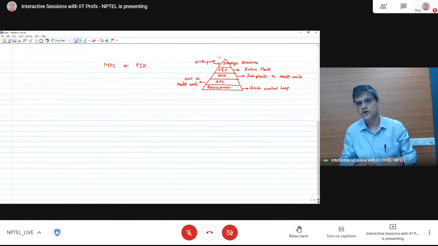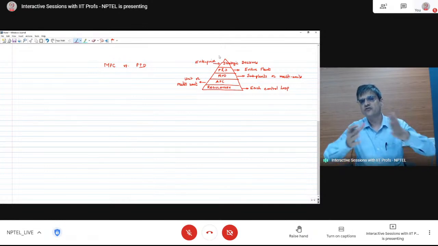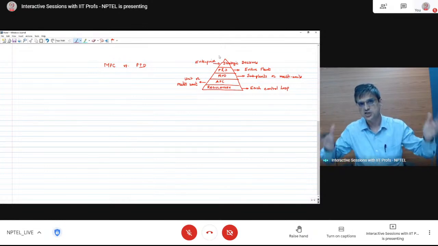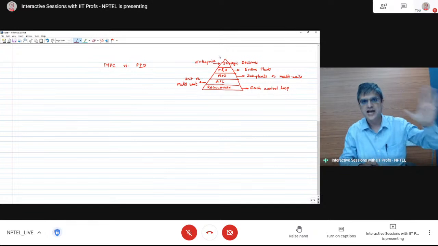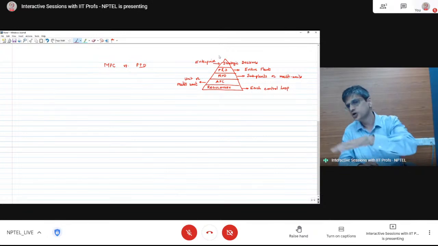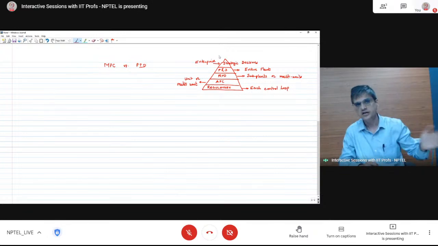RTO level would be at the level of one particular section in that plant. APC level would be at the level of reactor, separator, storage units, cooler, heaters, all of that level. Regulatory control will be at the level of each and every control loop.